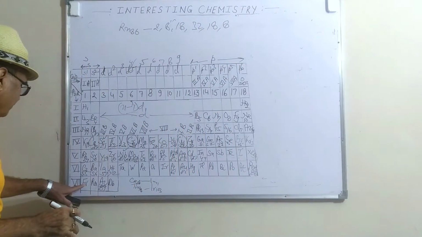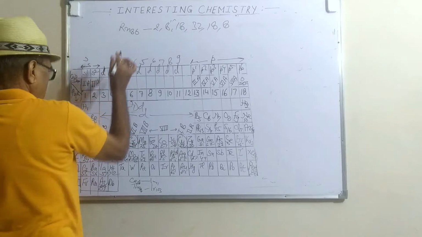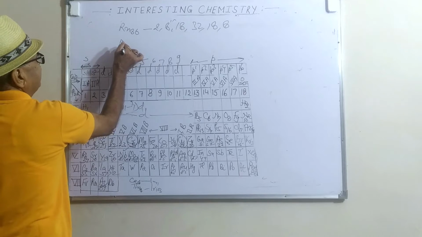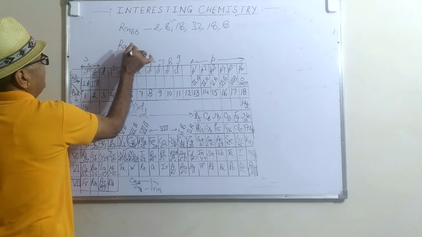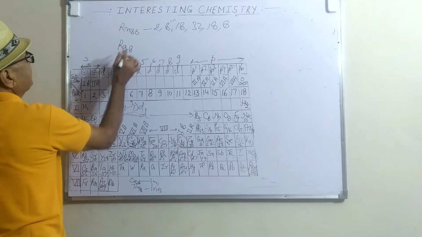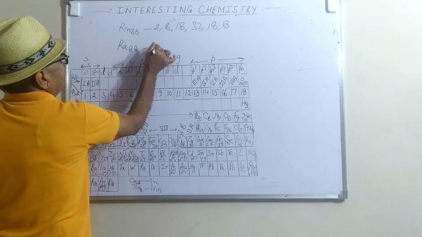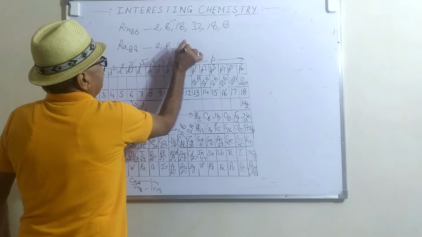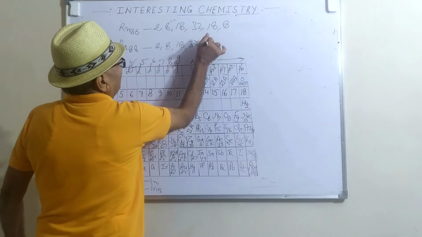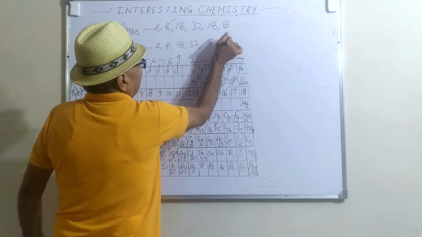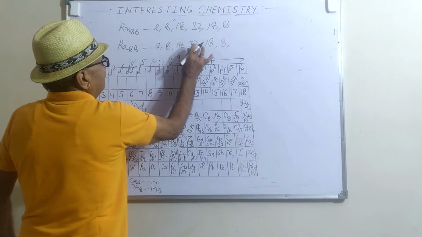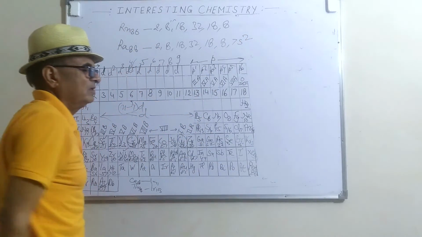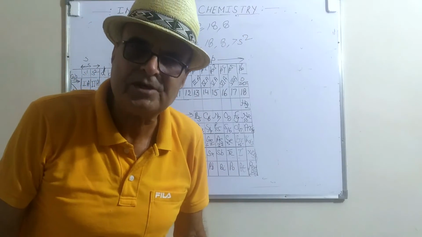Now write the radium 88: 2, 8, 18, 32, 18, 8, and it will be 7s2.